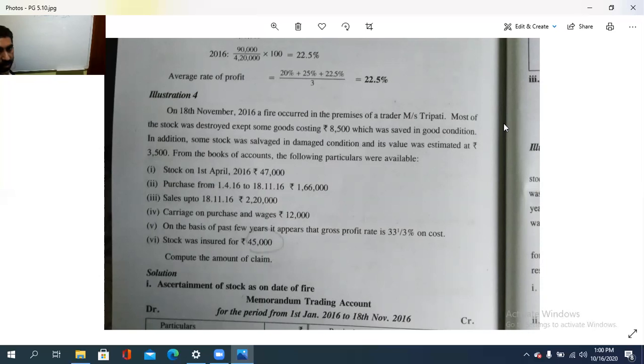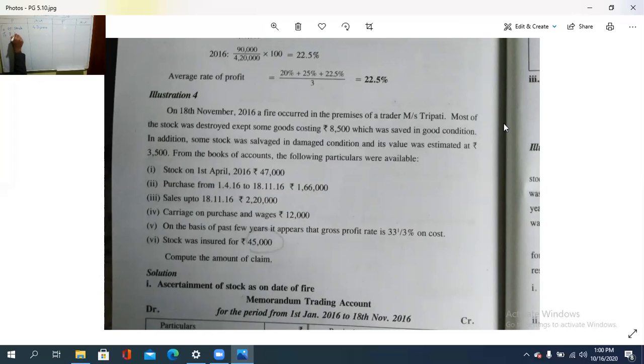So the memorandum trading account for 2016. This is the particulars column, and this is the amount column. So particulars, amount, particulars, amount. Then to opening stock, 47,000.